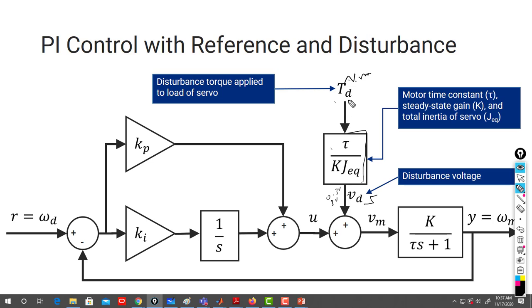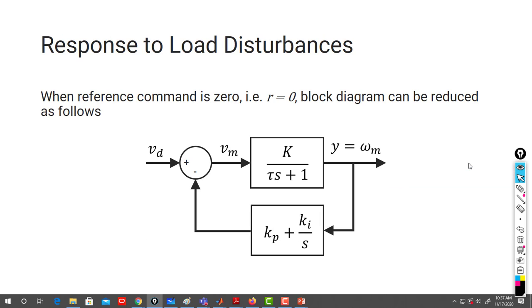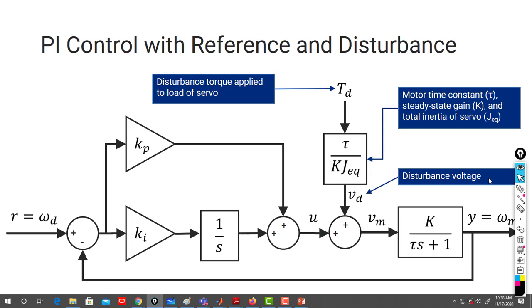So here you have disturbance and you have omega d, and they want to design PD control, PI control. Okay, as we know, response to load disturbance. So if I have a load disturbance, my load disturbance is Vd. Remember from previous slide, my load disturbance is Vd.